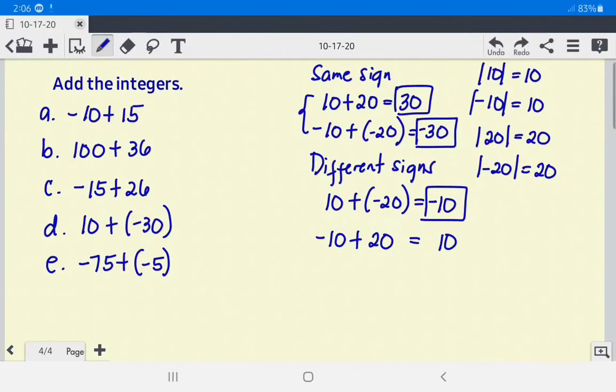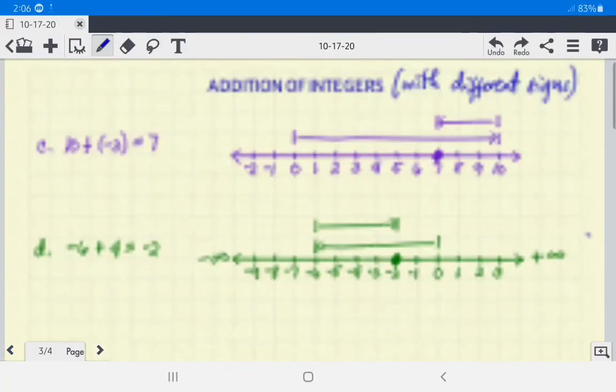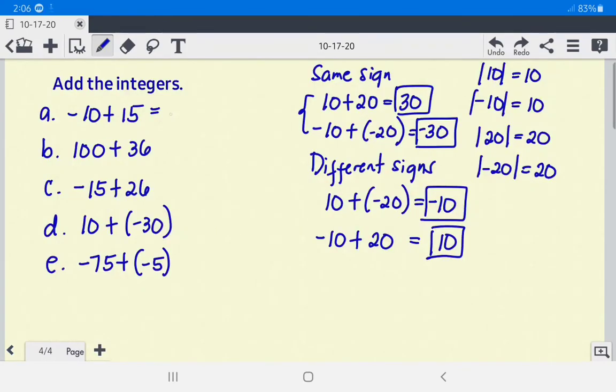We have positive. So we have positive 10. Okay? So let's proceed to our examples. Negative 10 plus 15. So 15 minus 10, because they have different signs, so we have 5. Then, what is the sign of the bigger number? We have positive. So the answer is positive 5.